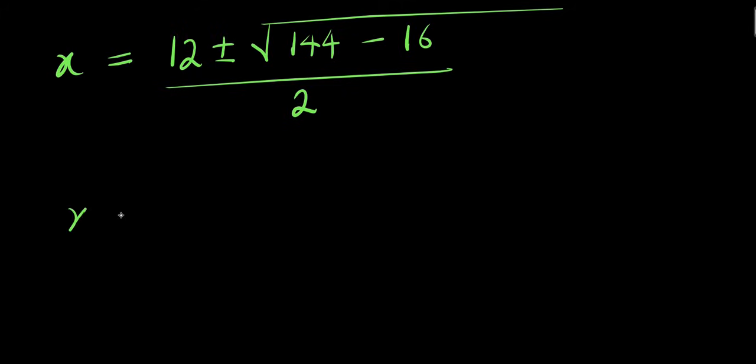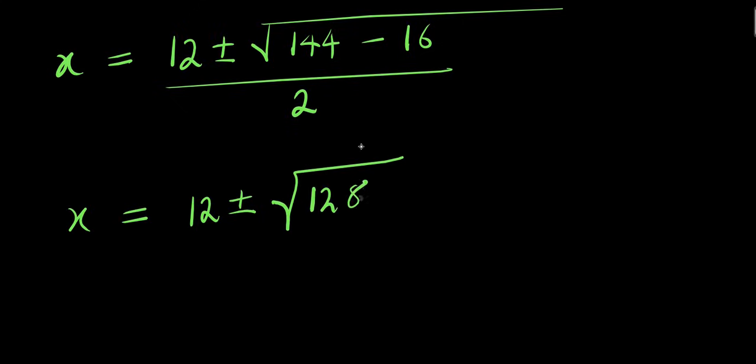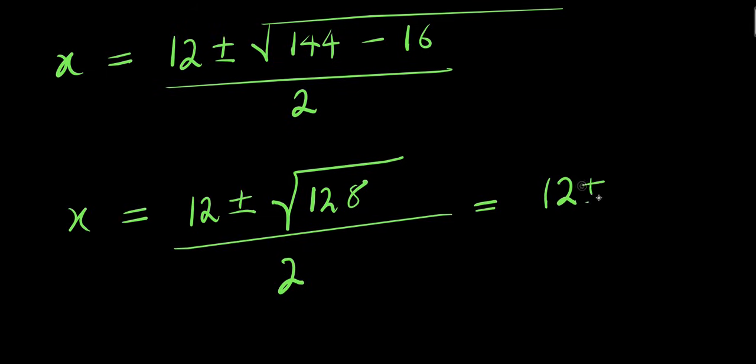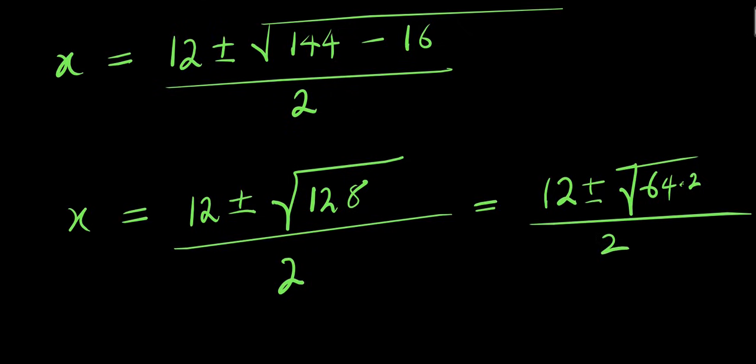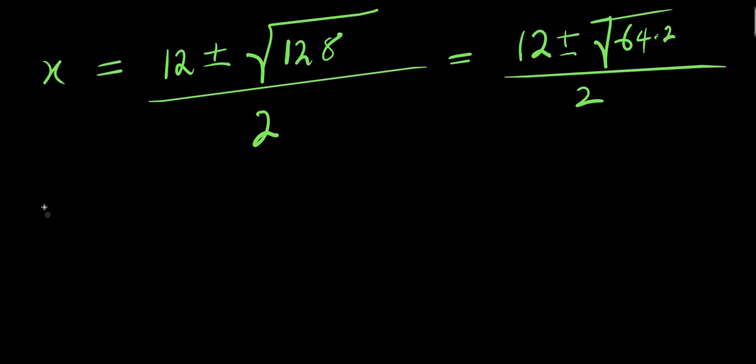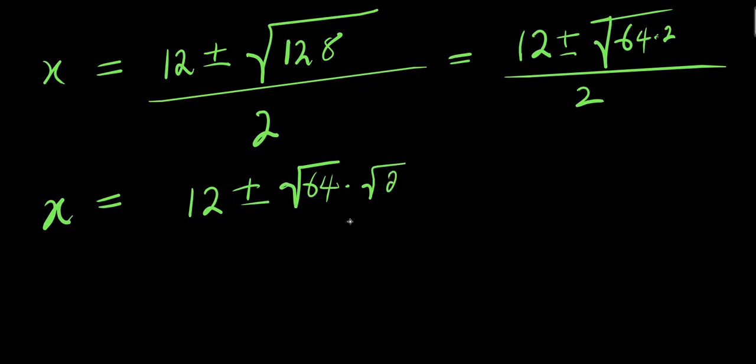So from here, we have x equals 12 plus or minus the square root of 128 divided by 2. We can express 128 as 64 times 2, divided by 2. So from here we have x equals 12 plus or minus square root of 64 times square root of 2, divided by 2.